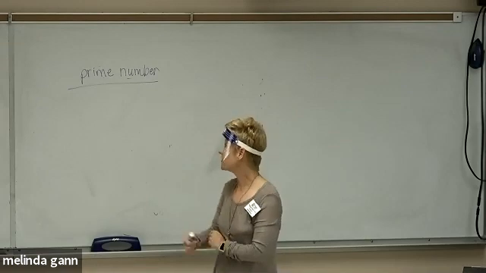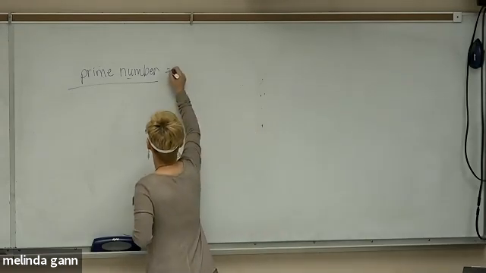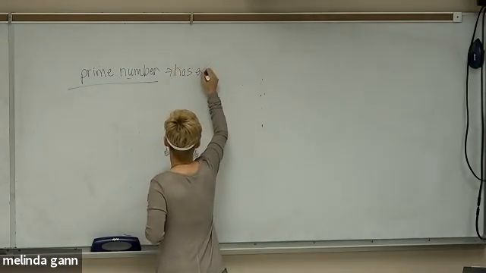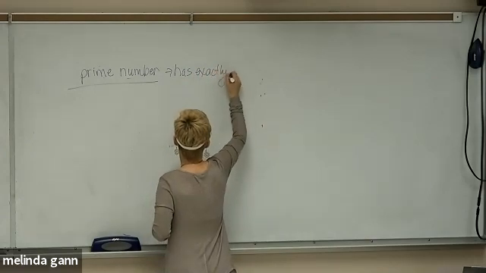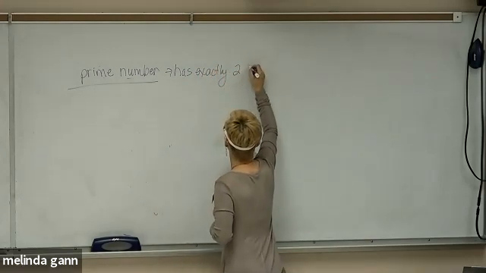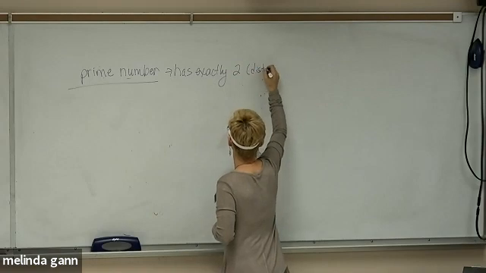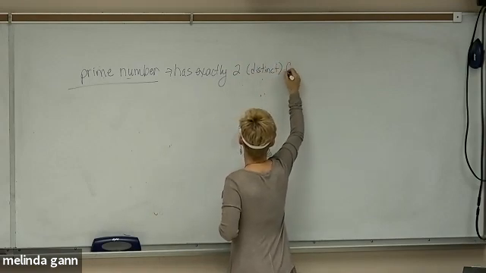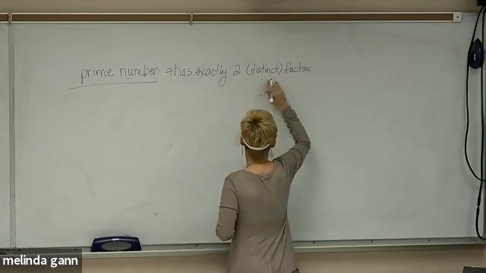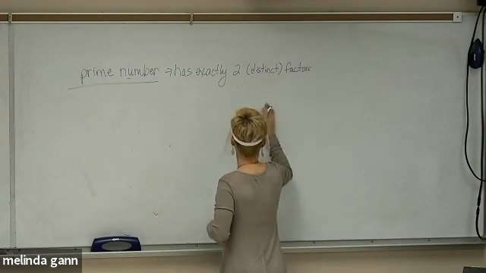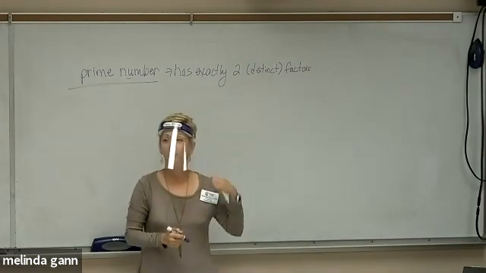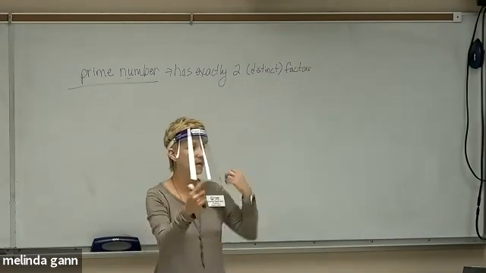All right, the definition of a prime number is this. Has exactly 2 (distinct) factors. Because a lot of times they'll tell you that a prime number is a number whose only factors are 1 and itself.